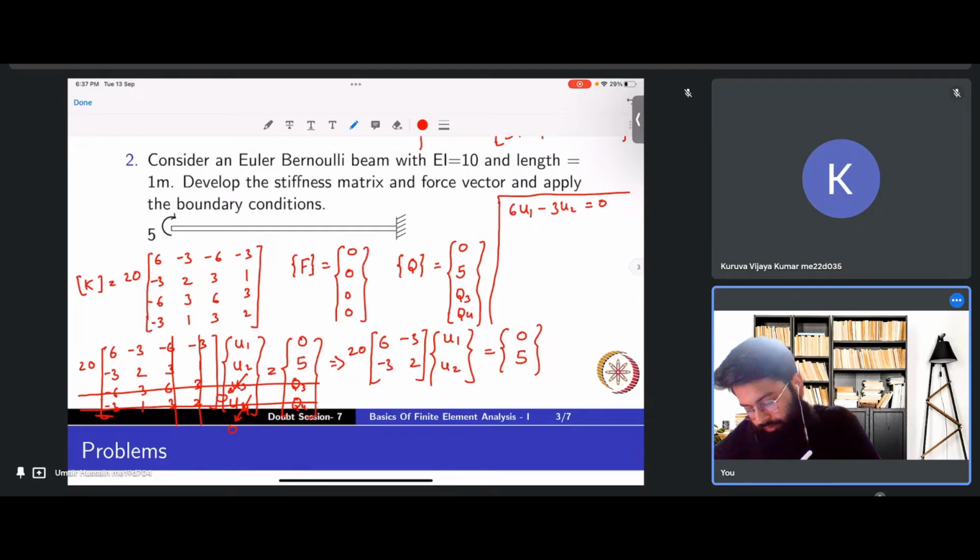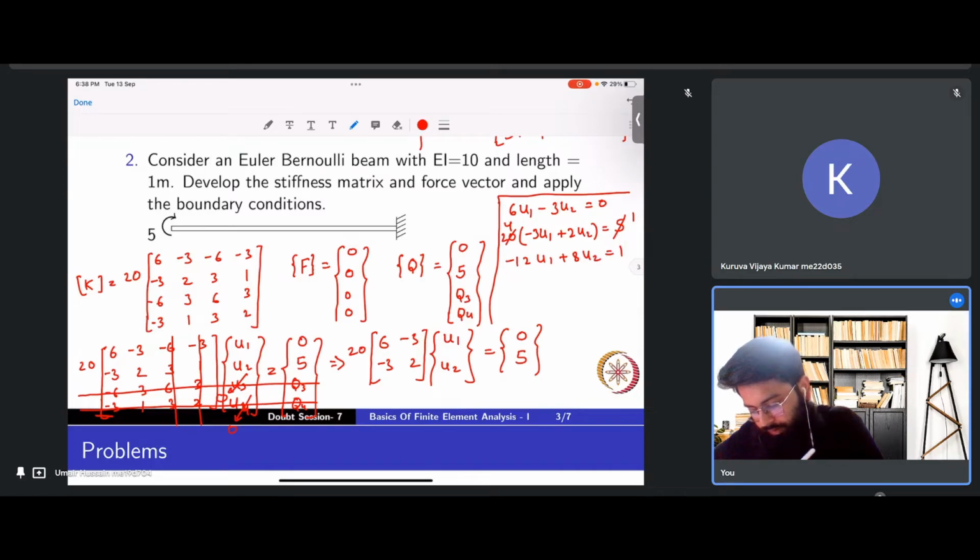And then the second equation we have 20 times minus 3u1 plus 2u2 5, which becomes minus 12u1 plus 8u2 equals 1.